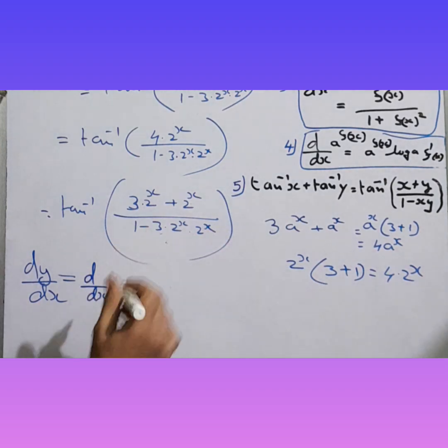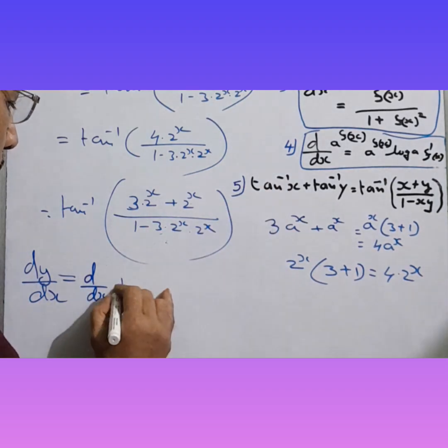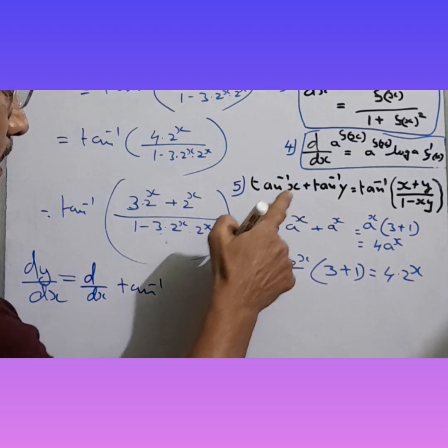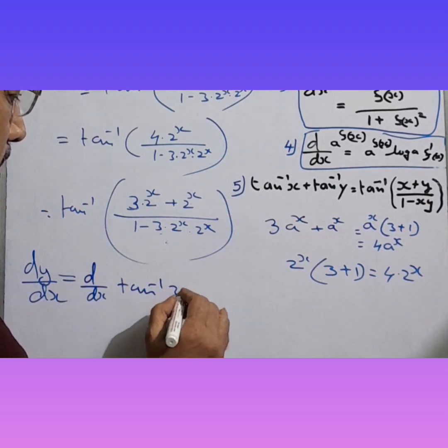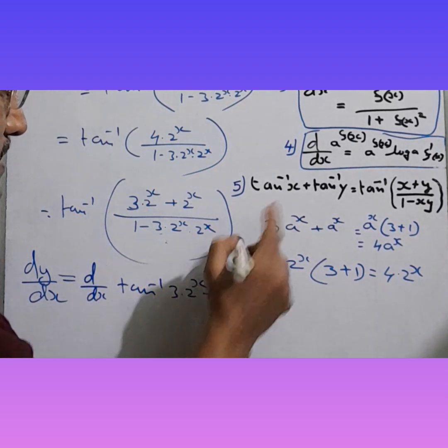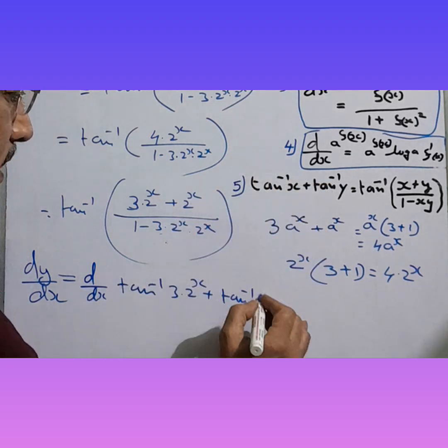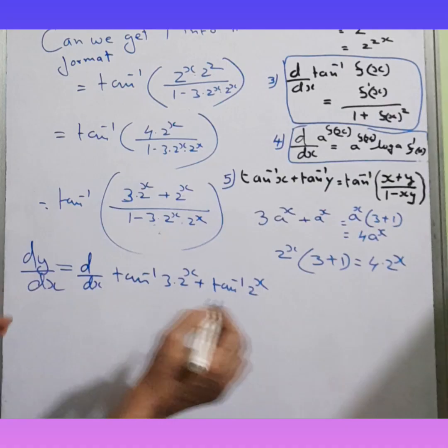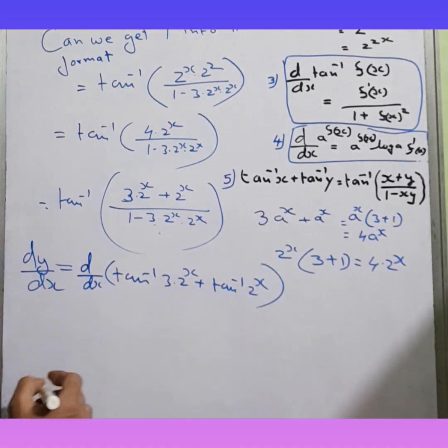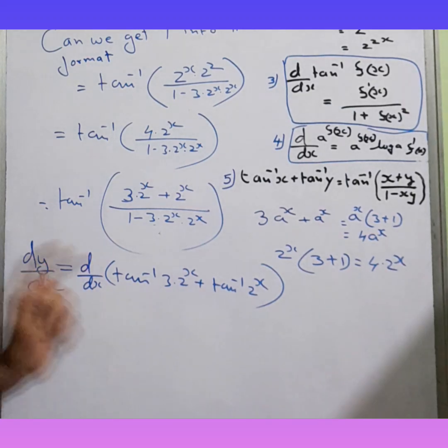So it would be tan inverse of x, which is 3 into 2 raised to x, plus tan inverse of 2 raised to x. Fine. We just have to differentiate both.